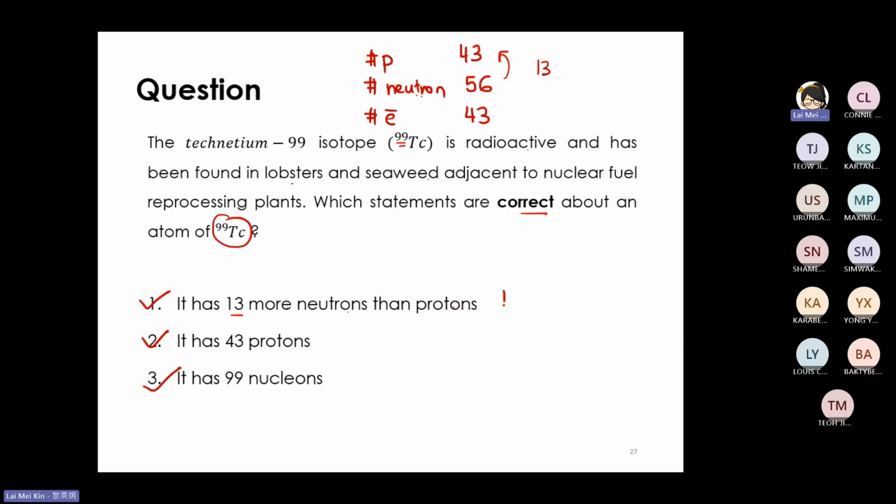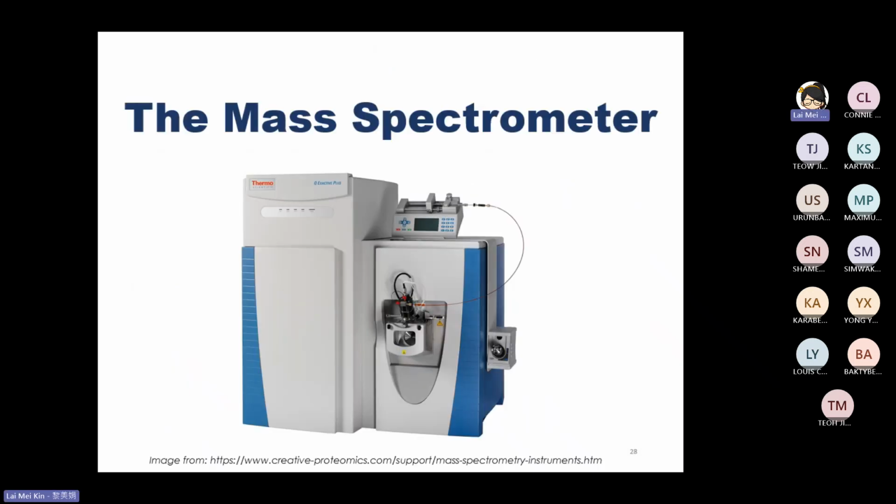A lot of students didn't calculate, so a lot of them got this wrong. This is a real exam question. It can be as easy as this, but students didn't calculate, so they couldn't figure out that it's 13 more neutrons than protons. So 1, 2, 3 are correct.